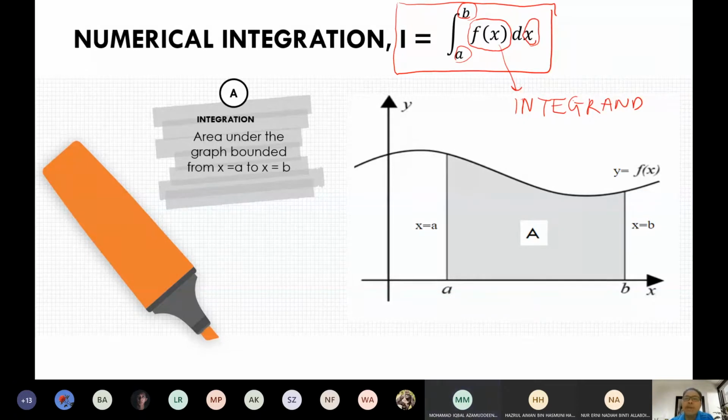And in this topic, for the solution of this integration, we will use I to denote the value of the integration. And what is the interpretation of integration? The interpretation of integration is only to find the area underneath the graph, where your graph is y equals f(x), bounded from the lower limit, which is this one.